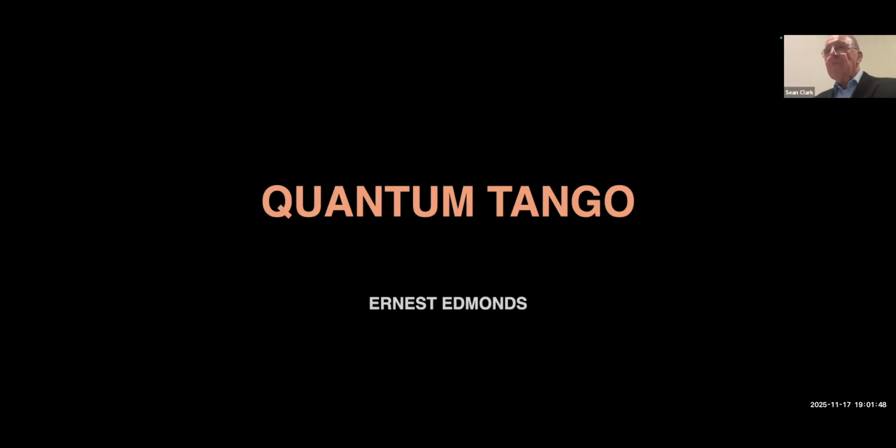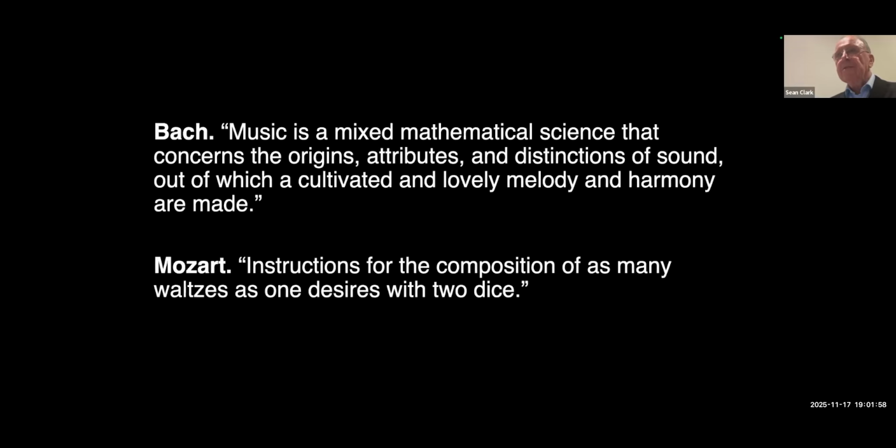I want to remind you that the use of mathematics and logic and so on in the arts is very, very old. Here's a couple of quotes from the music world, not exactly recent music. And even in Mozart's case, using dice, so introducing chance into the algorithm.